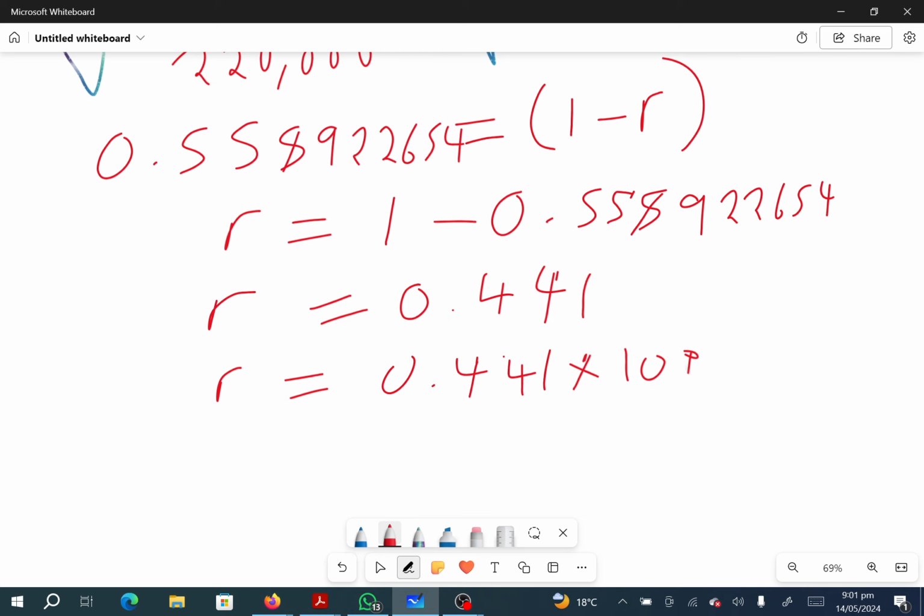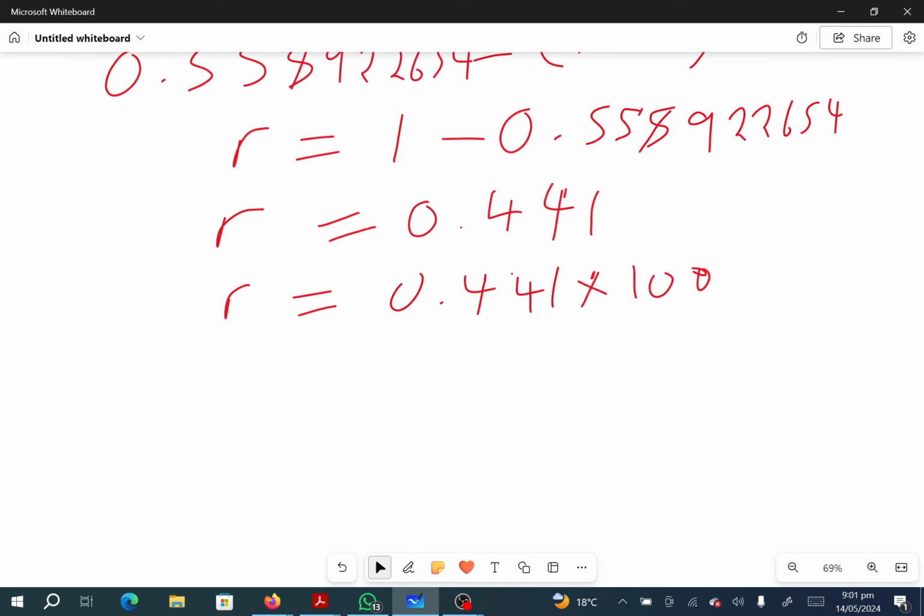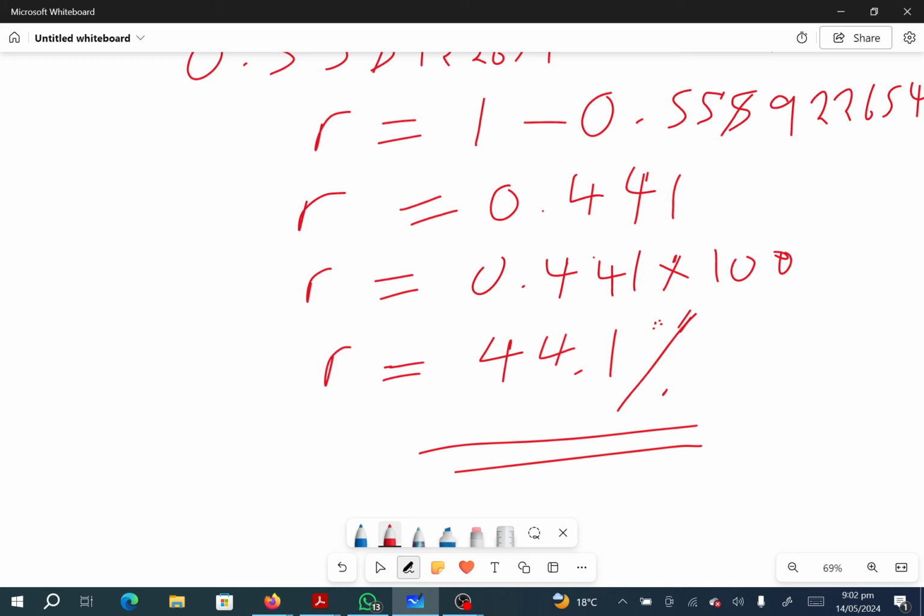This will give you the rate as 44.1% as our rate. So this asset was depreciating at 44.1% per annum. So that is our depreciation rate.